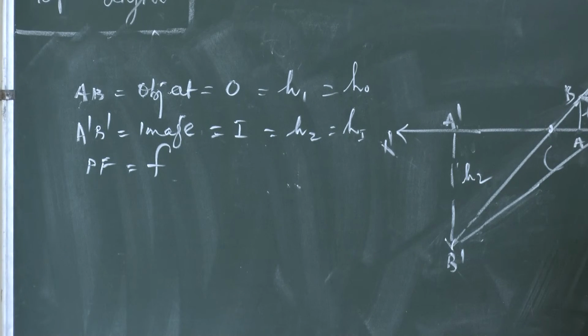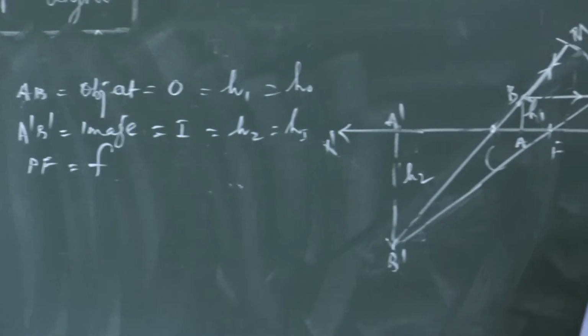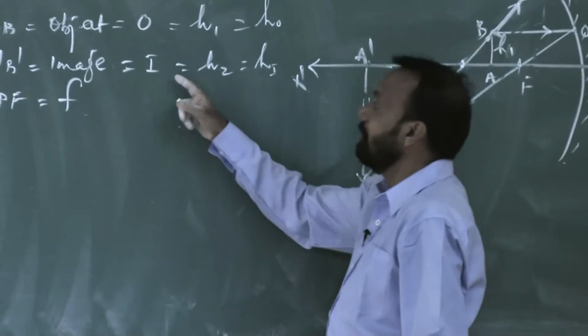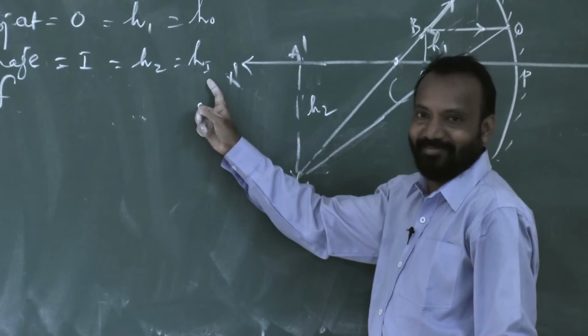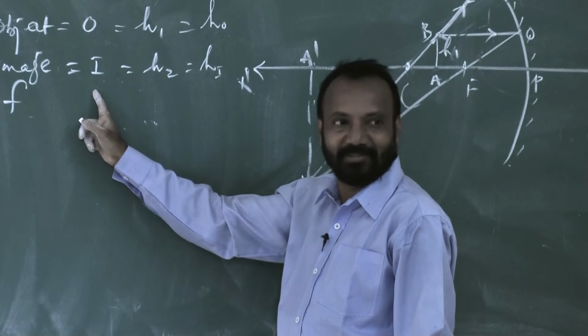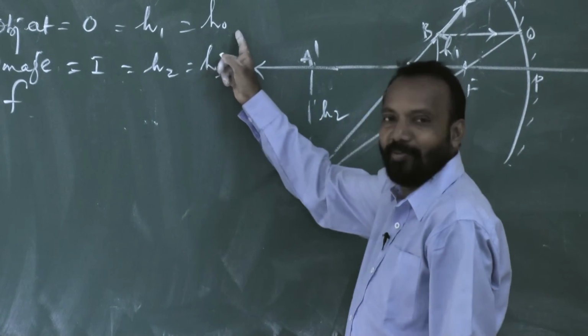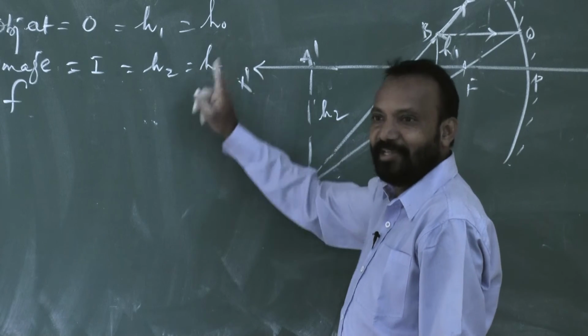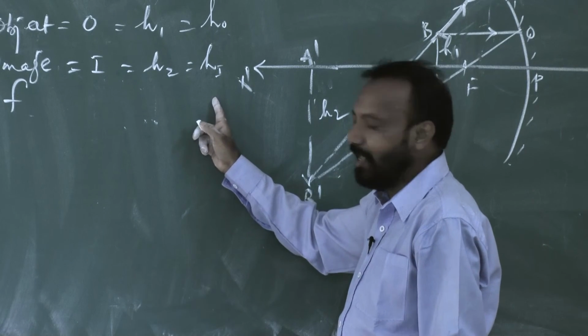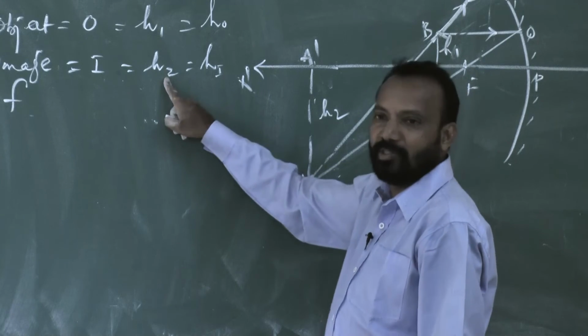That is up to you, what symbol you will choose. But in discipline, if you are choosing HO for object height, then choose HI for image height. Okay, if you will choose H2 as this one, what?